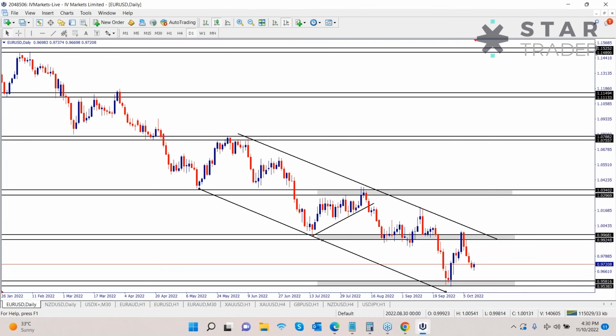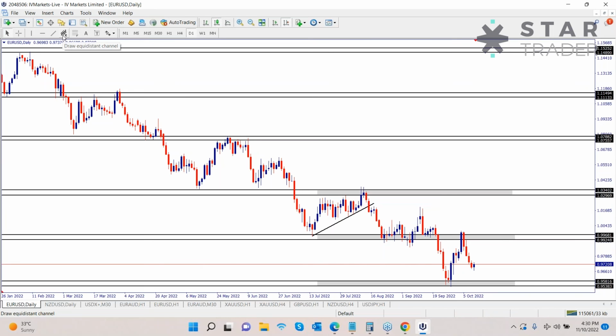So we simply use the channels. To use the channel, you can see over here, draw channel. Just select here, and you can draw the channel like this. Either you select the upper limit or the lower limit, it depends on you.